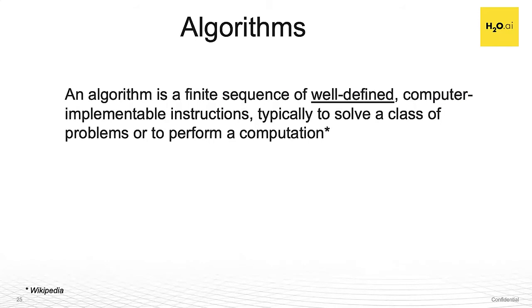What does this mean? This means that algorithms are step-by-step instructions given to a computer to perform a certain operation. And there could be many types of operations that can be done.